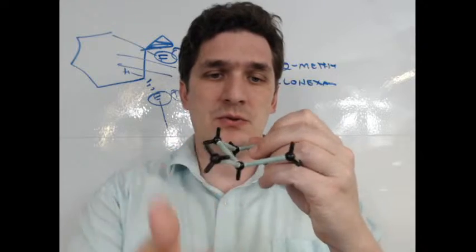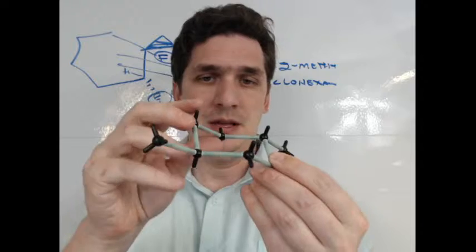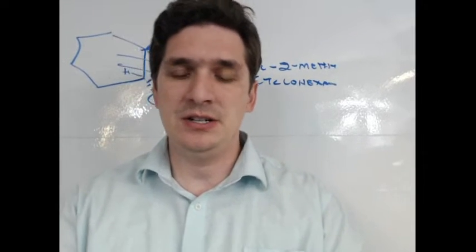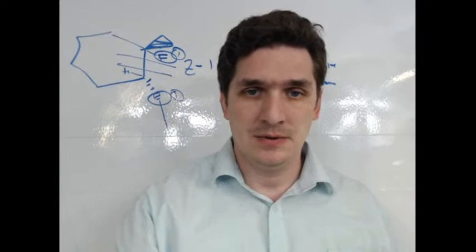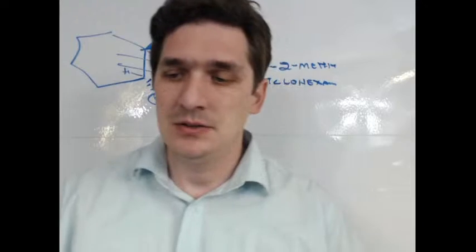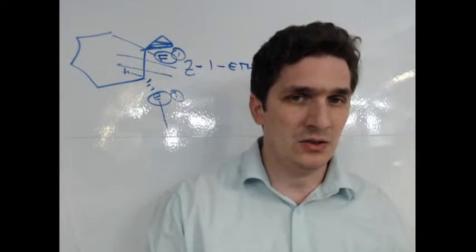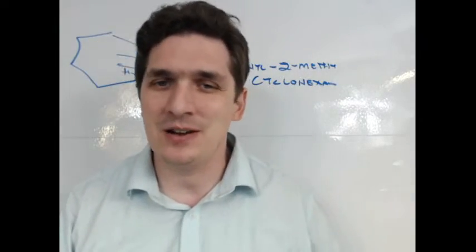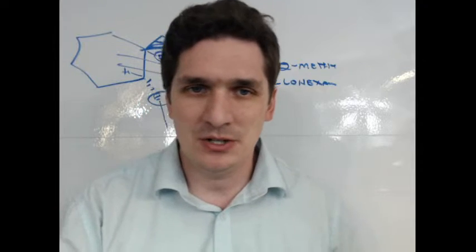I've got one equatorial, the other equatorial. When I build this back into the planar conformation, this ends up making them trans. So again, don't get into the habit of thinking that cis-trans refer to axial equatorial. Cis-trans refers to if it's in a planar conformation. Equatorial, axial refers to when it's in the chair conformation.